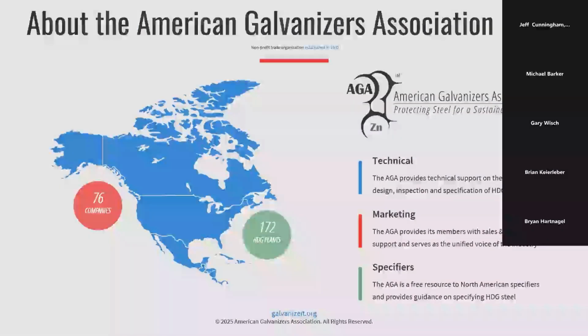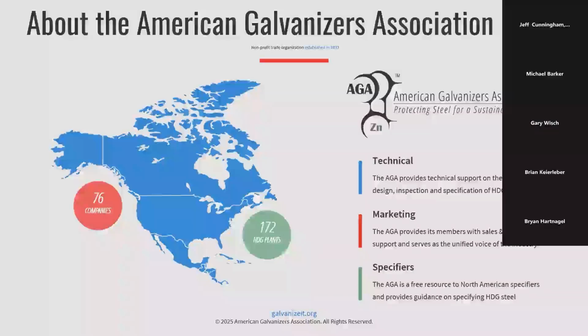Here's just a little bit about the AGA. We represent over 172 hot dip galvanizing plants in North America, 76 companies. We provide technical expertise in everything from design, inspection, specification of galvanized steel, marketing support for our members, of course. We put on these webinars.